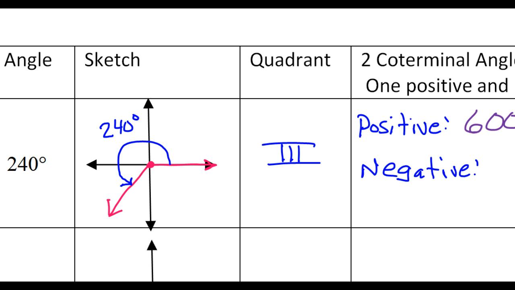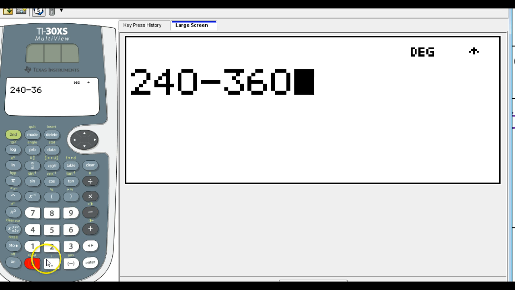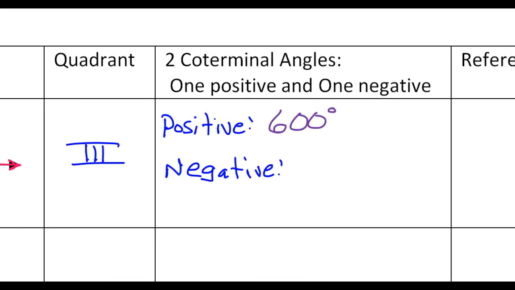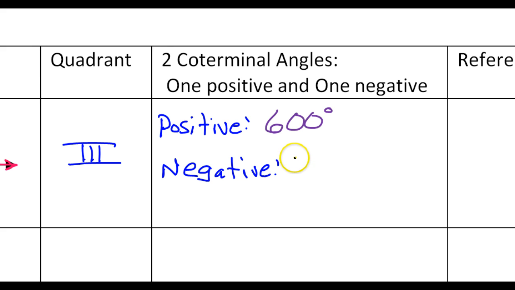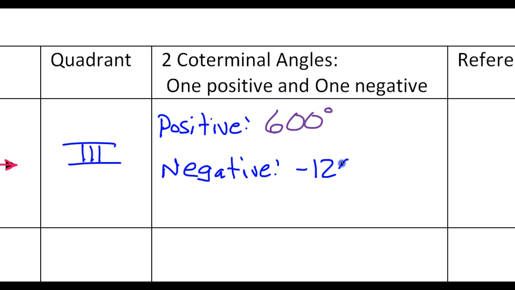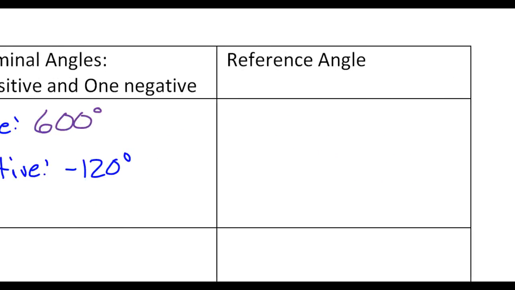So if I start from 240 degrees and I subtract 360, that should put me back to where I started from. Okay, so negative 120 degrees.